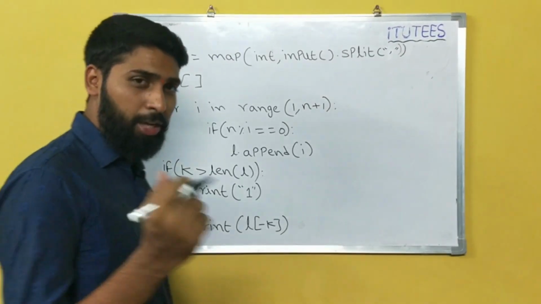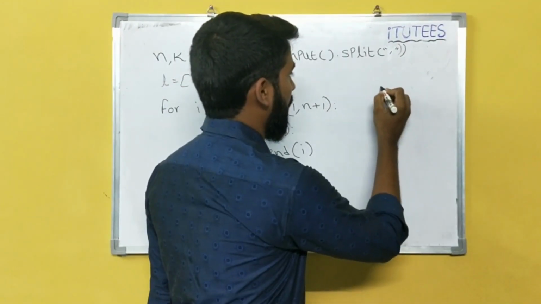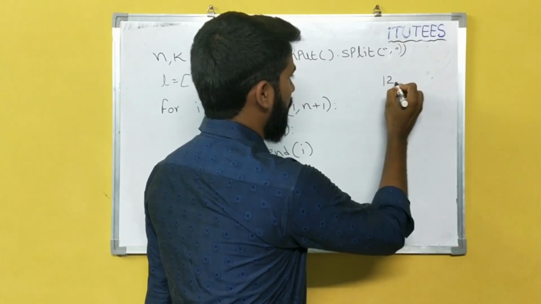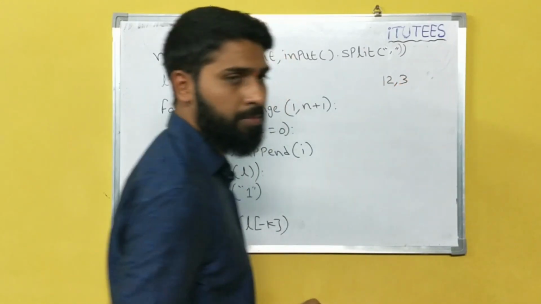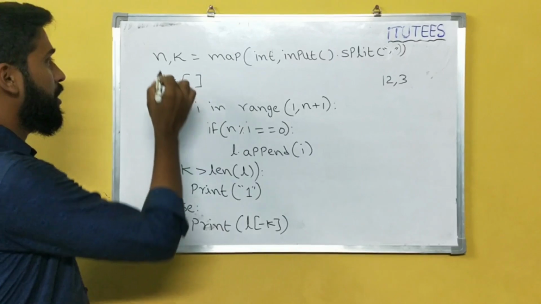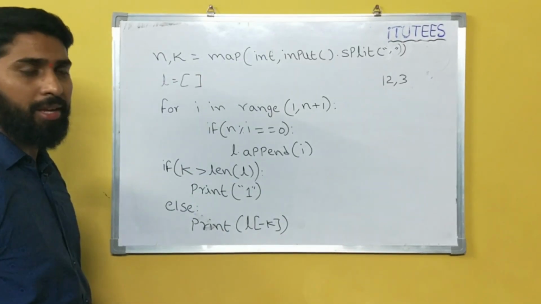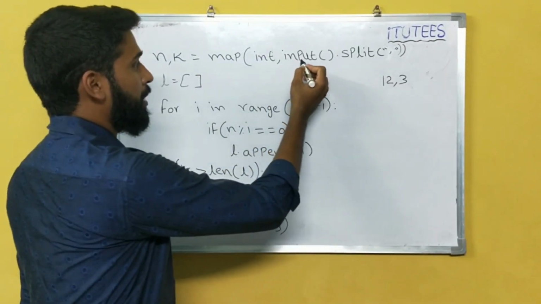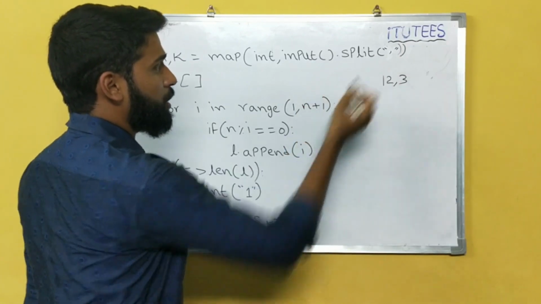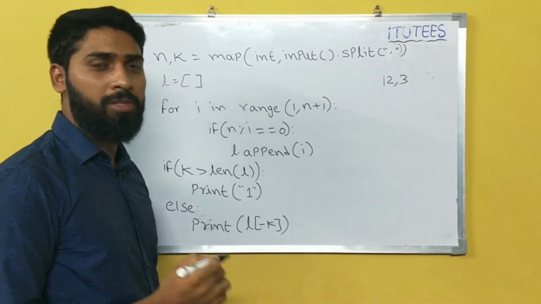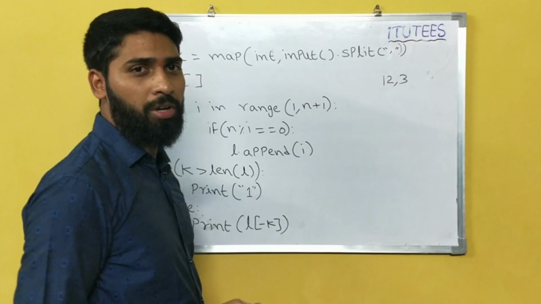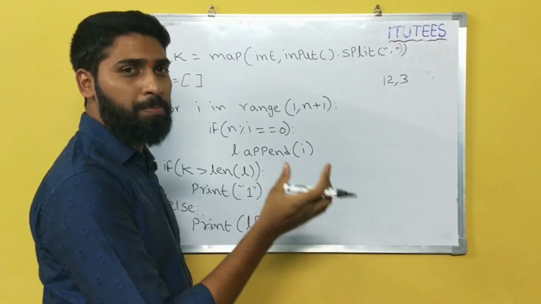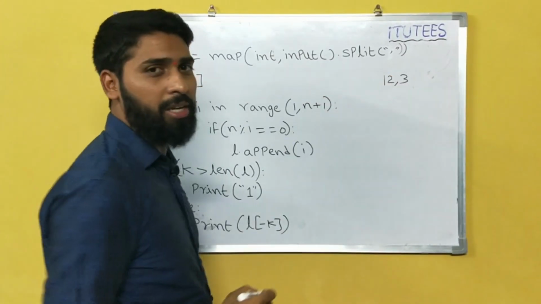What is the input we are going to read from the keyboard? I am giving the input 12, 3. The first instruction is n, k equals input dot split. In previous programs we used split without arguments, meaning the input is split when a space occurs.